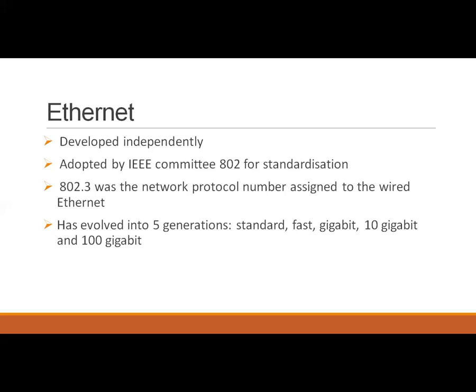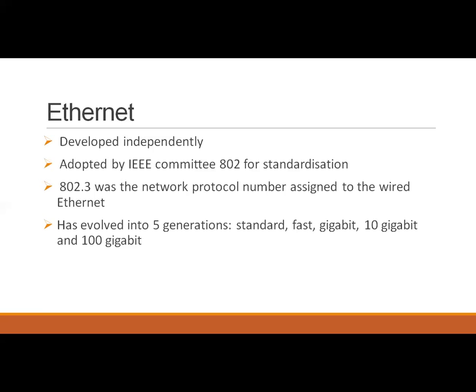Just to give you a point of reference, the fast Ethernet was able to give the bandwidth of 100 megabits per second in the network.